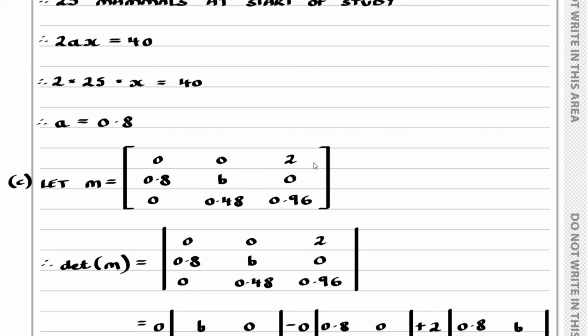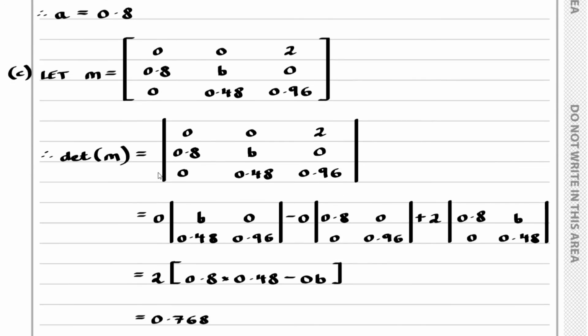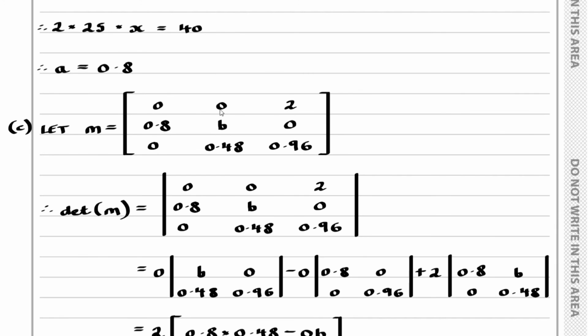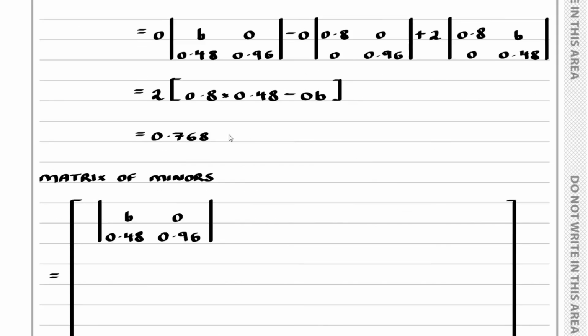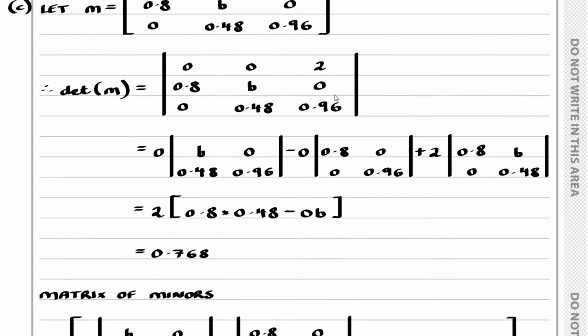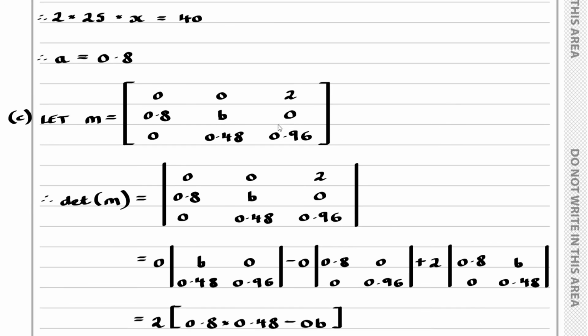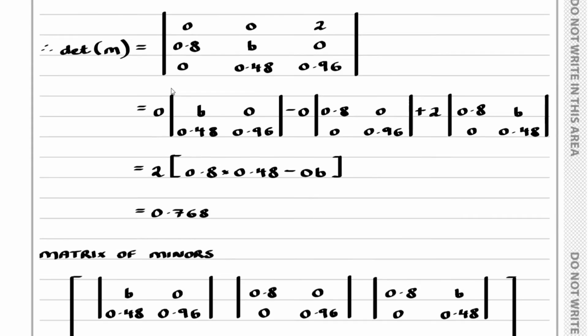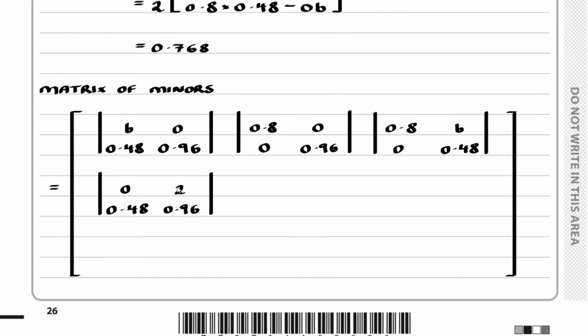If I expand along the first row, the first element is given by the determinant of B, 0, 0.48, 0.96. Next element, I have the determinant of 0.8, 0, 0, 0.96. For the next element, I've got the determinant of 0.8, B, 0, 0.48. For the next element, the determinant of 0, 2, 0.48, 0.96.